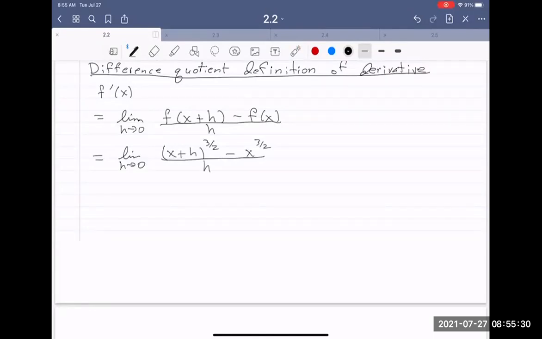Let me get rid of the square roots. So let me multiply and divide by the conjugate of the numerator. So let's multiply by x plus h to the 3/2 plus x to the 3/2, all divided by x plus h to 3/2 plus x to 3/2.